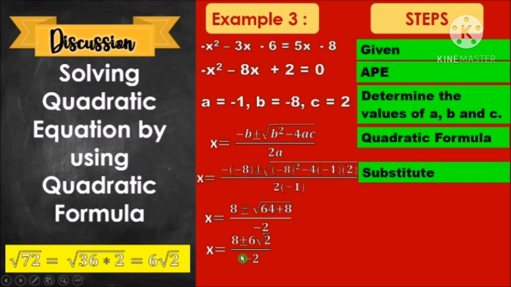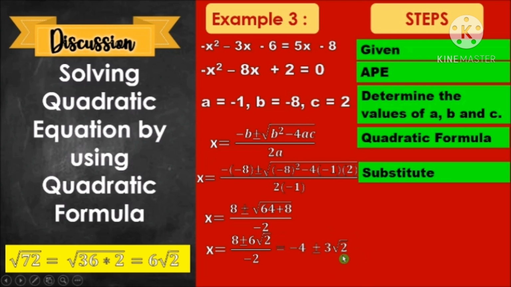Then, isimplify pa natin kasi meron pa tayong pwedeng i-divide. 8 divided by negative 2, you have negative 4. Copy plus minus. 6 divided by 2, you have 3. Then, copy square root of 2. For this, hindi po natin pwedeng i-divide ang radicand kay whole number kasi hindi po sila match.